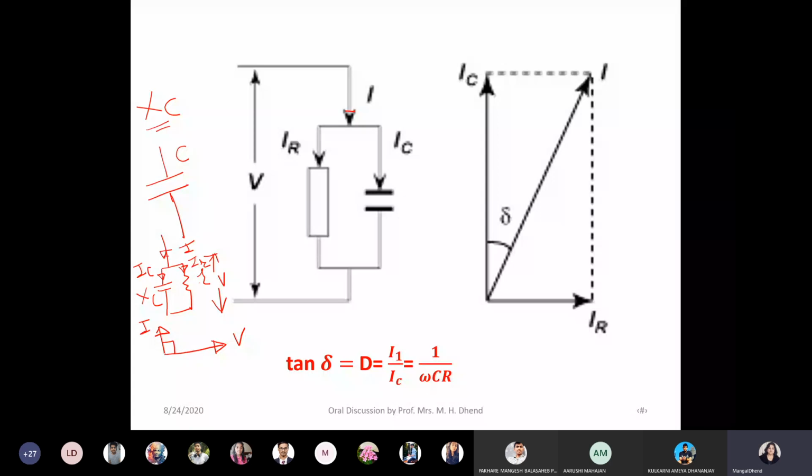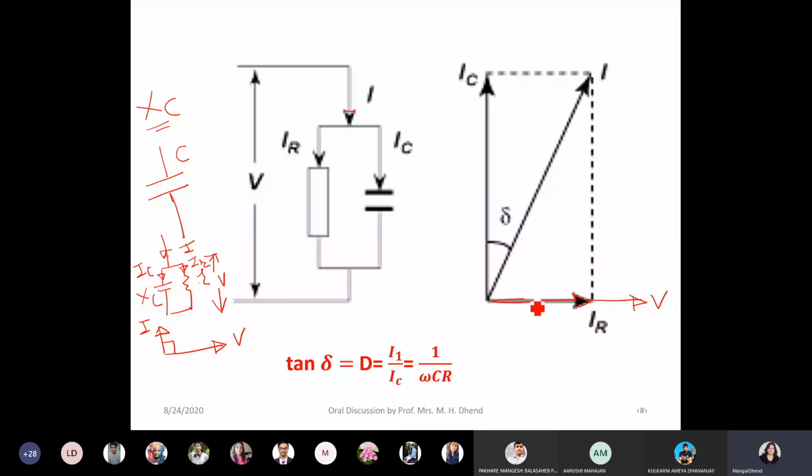Now what is actual? Suppose V is plotted as usual, though it is not shown in this diagram. Where will the current passing through the resistance, IR, be? It will be in phase with the voltage. You have studied that a resistance has unity power factor, which means cos phi is 1, so phi is 0.